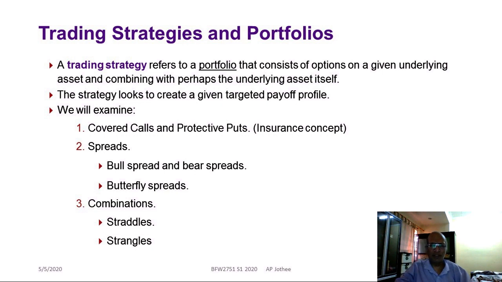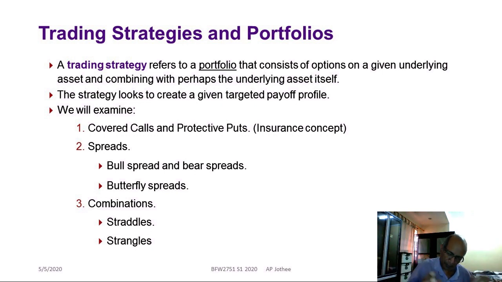I'm sure you remember what portfolios are. A portfolio is a group of assets. If you manage it very well, it will be very beneficial to you. There are well-diversified portfolios. A trading strategy refers to a portfolio that consists of options on a given underlying asset, combined with the underlying itself.